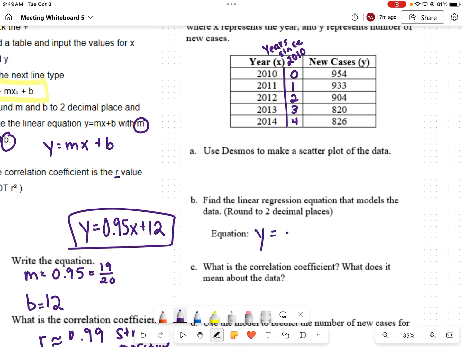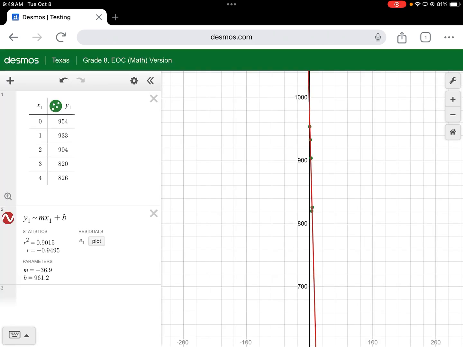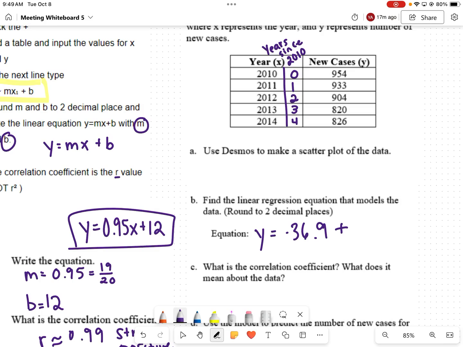So y equals negative 36.9 x plus, what was the b value? 961.2. Okay. So that is our linear regression equation.